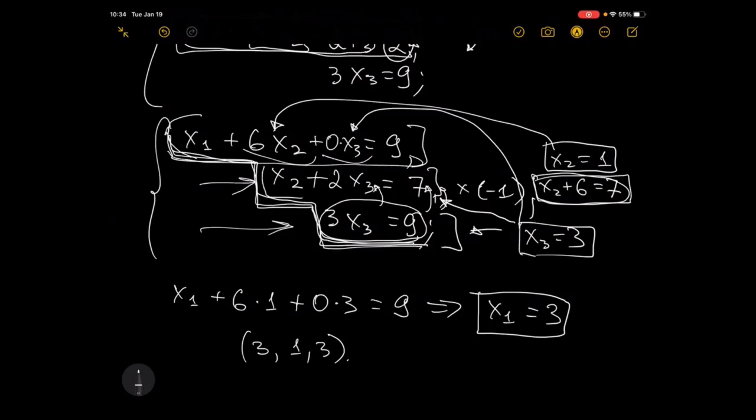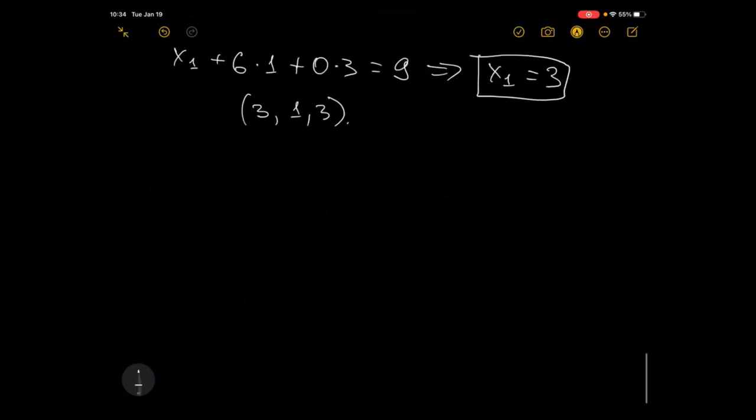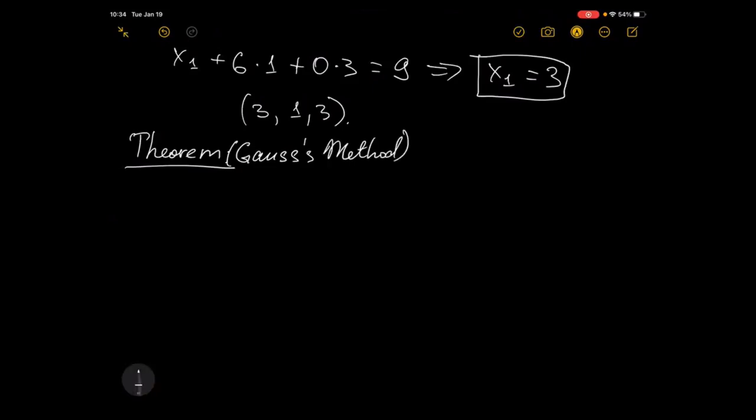Now, let me formulate the following theorem. So this method of solution of linear equations is called Gauss method of solution, or Gauss reduction, or whatever.